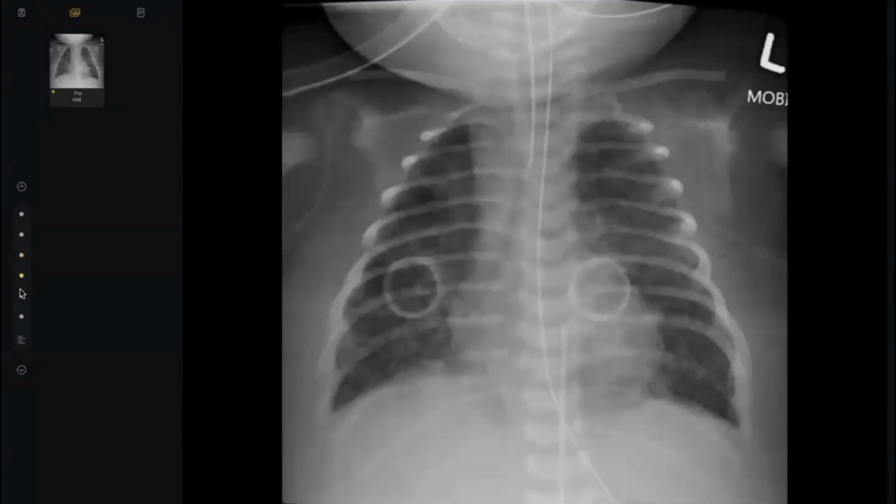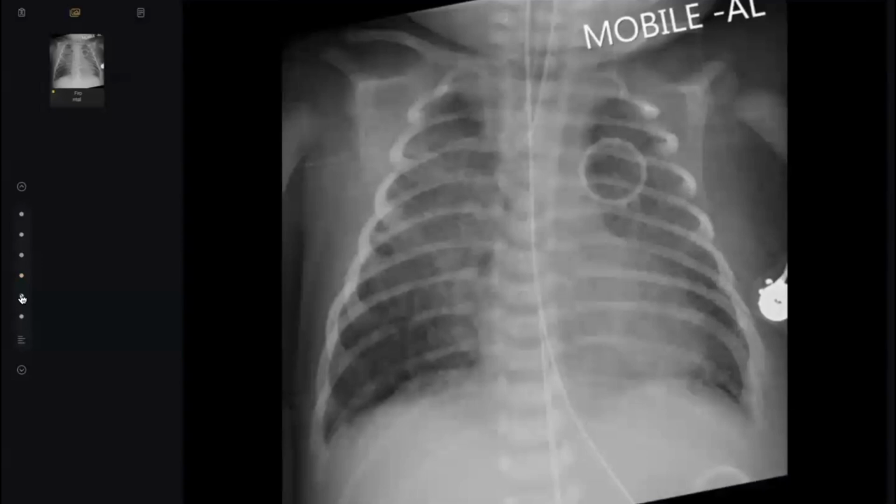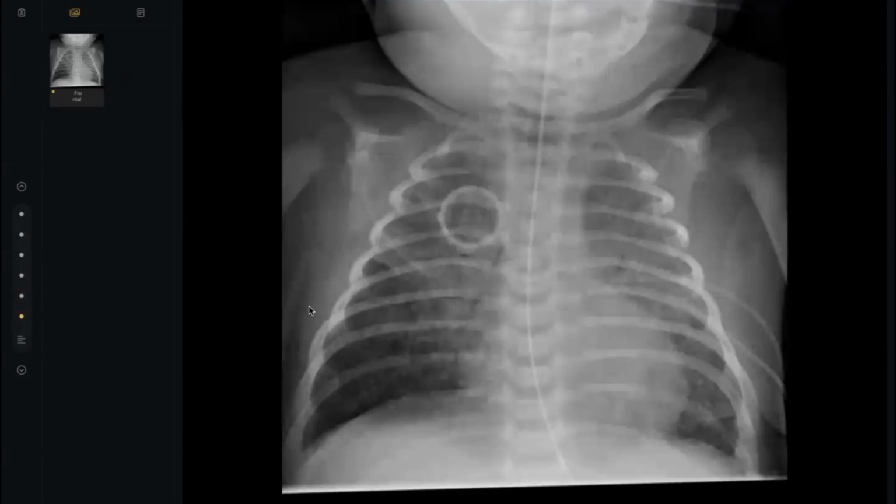What is the most common association of the meconium aspiration? In the lung. What finding should you almost always find in the chest X-ray?